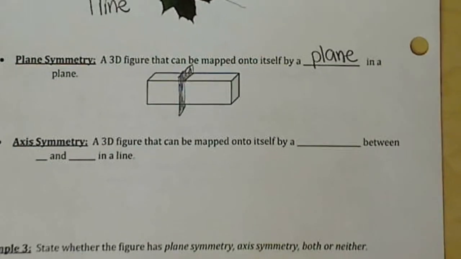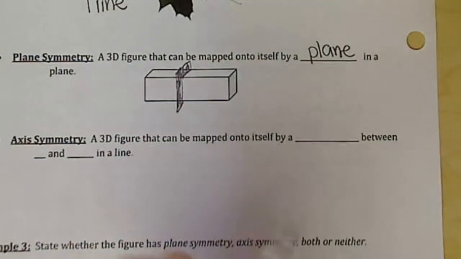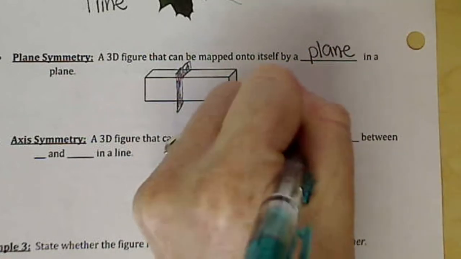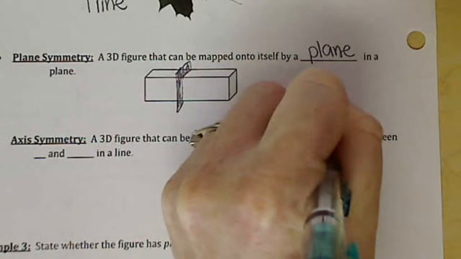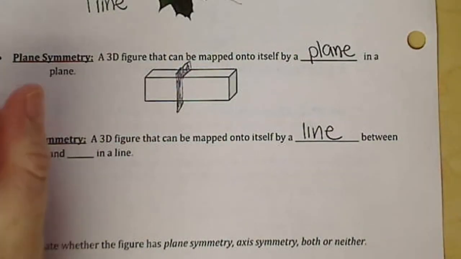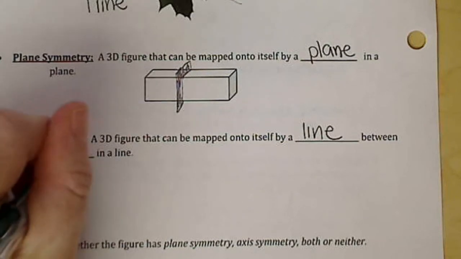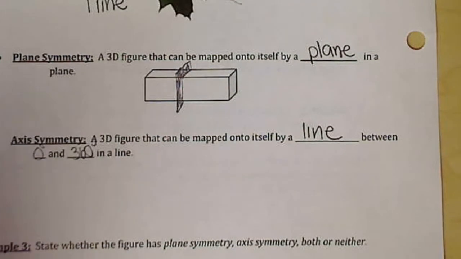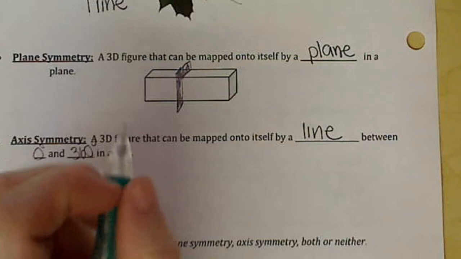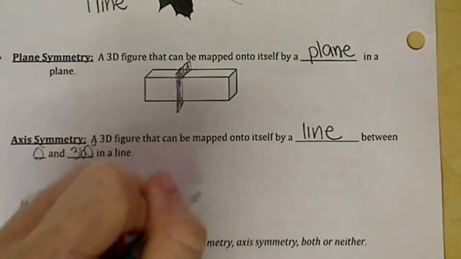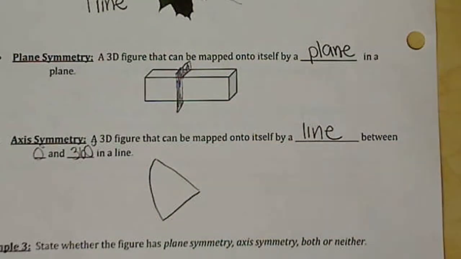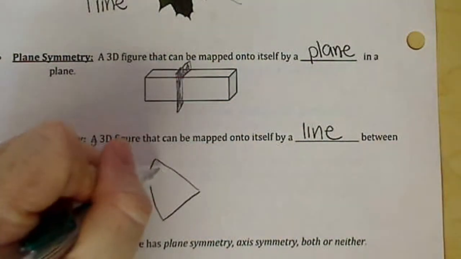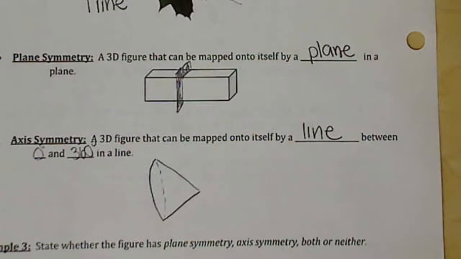Axis symmetry is a figure that can be mapped onto itself by a line between 0 degrees and 360 degrees. Okay? So I want you to draw a cone and dot the back, so a 3D cone.